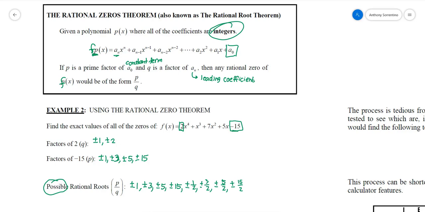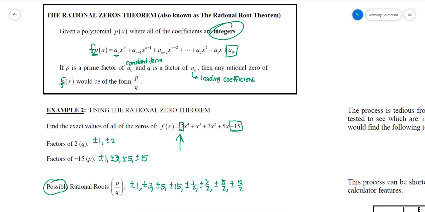So what we could use it for nowadays is to focus my attention on that leading coefficient and say, since the only numbers that go into that leading number are 2 and 1, any rational answers I would get should be integers or halves, which means I should see 0.5s.